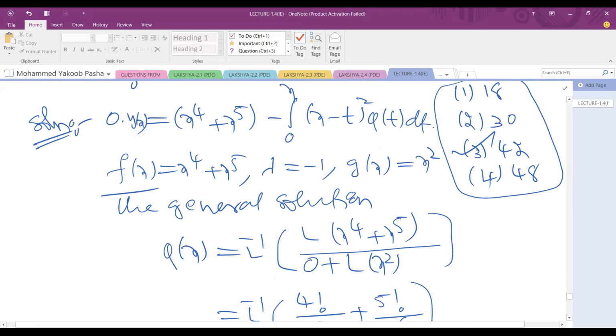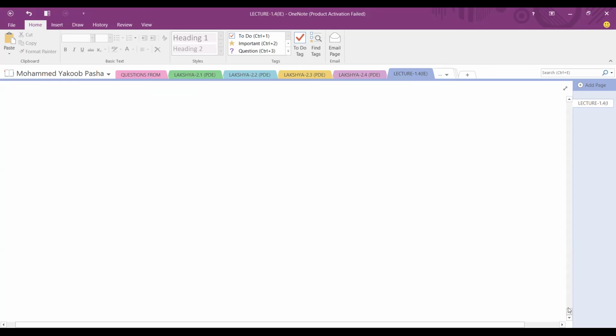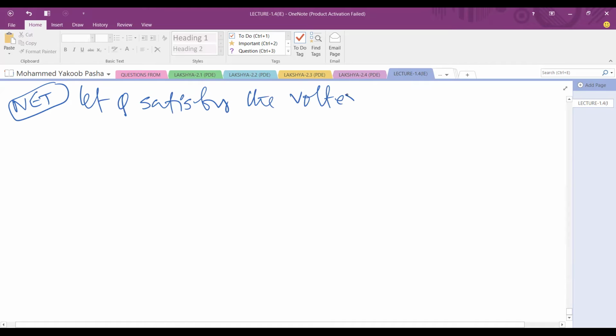Clear ending? Is it? Now I am taking another problem from CSIR net itself. Let pi satisfy the Volterra integral equation.